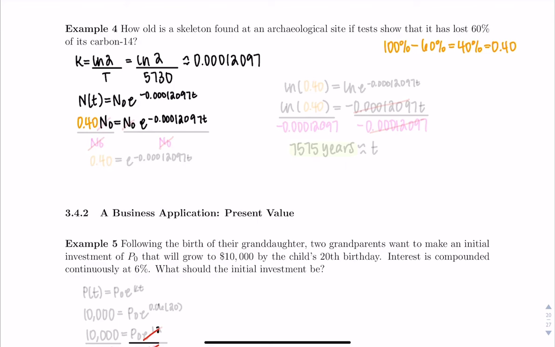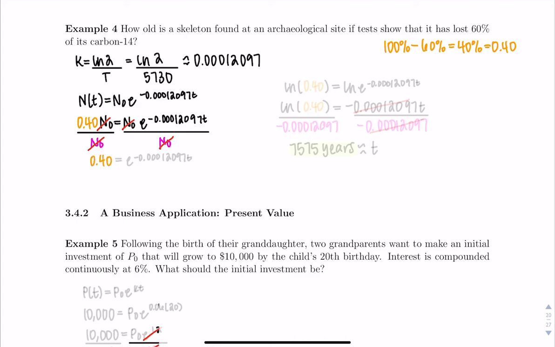From here, these work the exact same way. So we're going to divide both sides by N naught, and they cancel on the top and bottom on both sides.